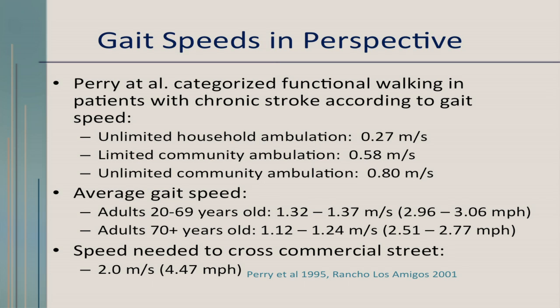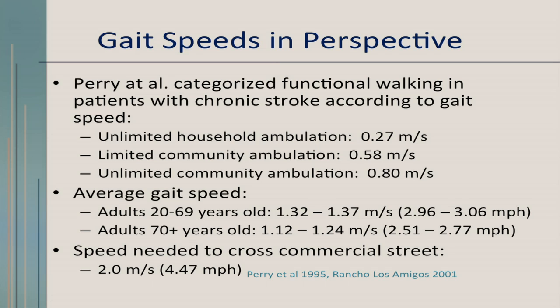But if we take these numbers from the stroke survivors and compare those with average older adults, we can see that still even the more highly functioning stroke survivors are walking at significantly less speeds than older adults. If we look at adults 20 to 69 years old, they are walking at approximately 1.3 meters per second, or about 3 miles per hour, and there is some variability between males and females, with males tending to walk a little bit faster, and this has to do generally with their higher height or physical stature.